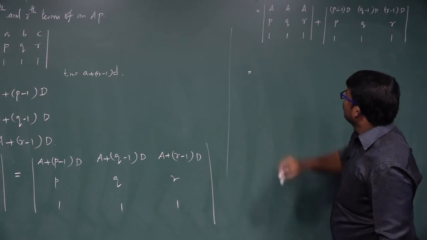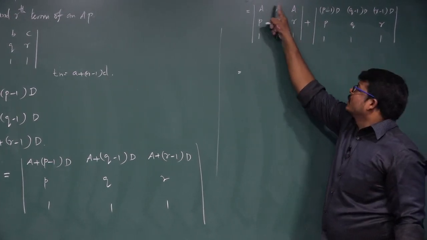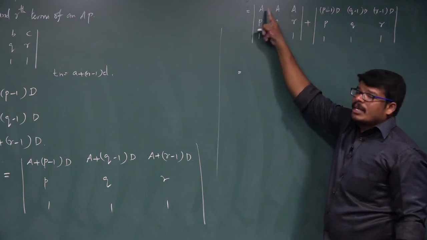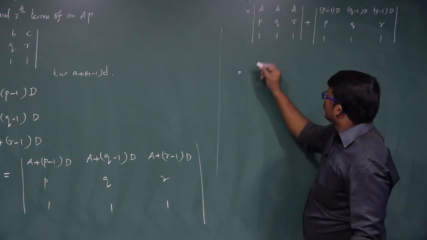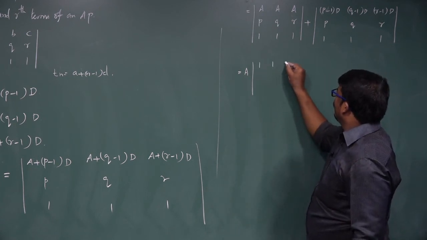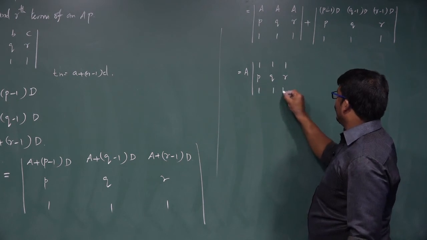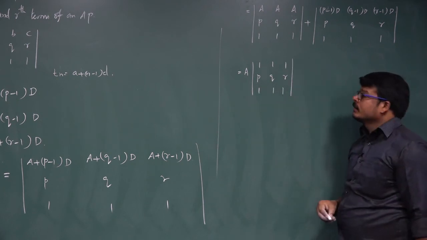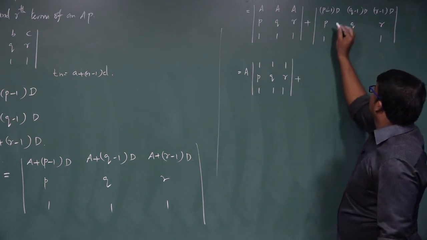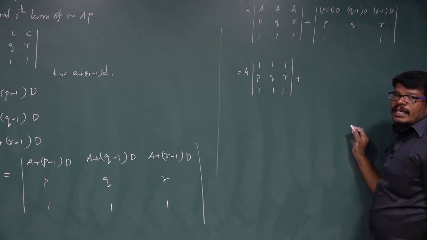That is equal. The first row, every element has A common. Taking A outside, 1, 1, 1, P, Q, R, 1, 1, 1. Plus, next one, P minus 1 D, Q minus 1 D, R minus 1 D. D is common.